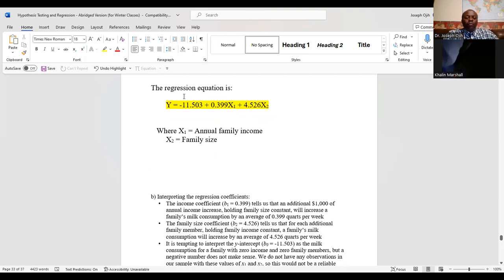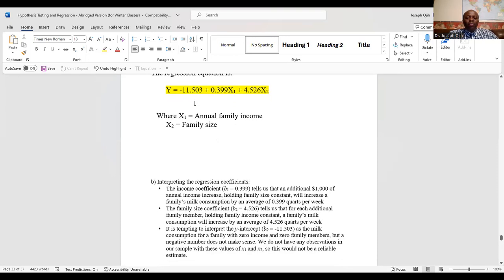Now, of course, for the intercept, which is negative 11.503, it represents the milk consumption for a family with no income and no family members.